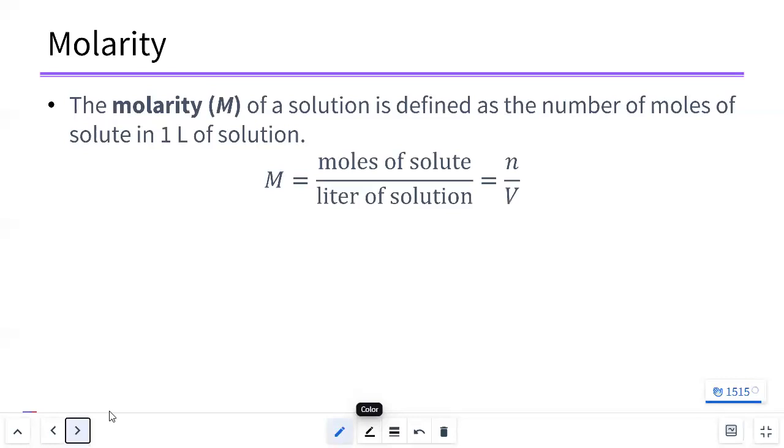With molarity, we calculate the moles of solute over the liters of solution. So when I describe to you an acid as being 12 molar hydrochloric acid, what I'm saying is that in 1 liter of that acid, you will find 12 moles of hydrogen chloride. And so you could do further calculations off of that relationship.